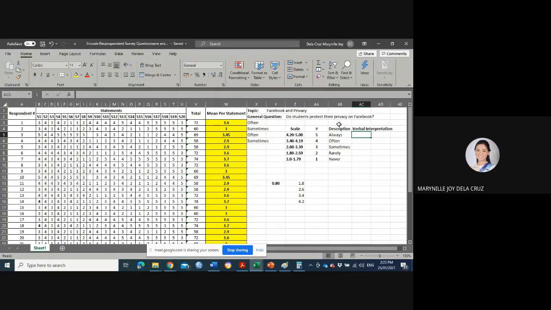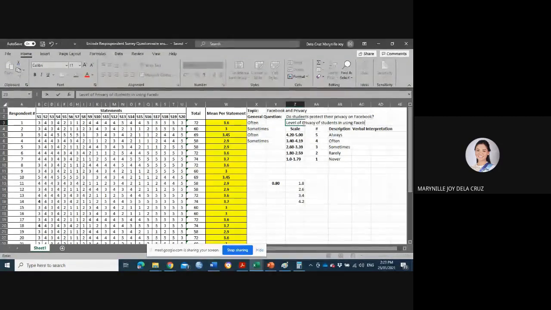So we are talking about the level of privacy of students in using Facebook. Level of, or extent.